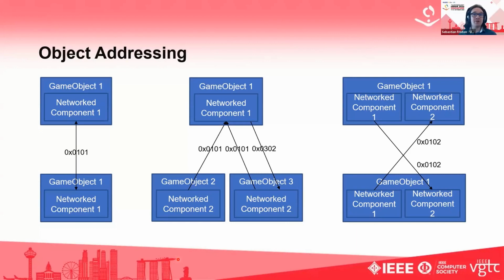Or two networked components on the same game object could communicate asymmetrically by addressing each other's network IDs. So you can build quite a variety of communication models using this approach.